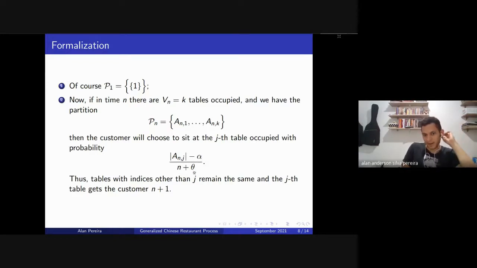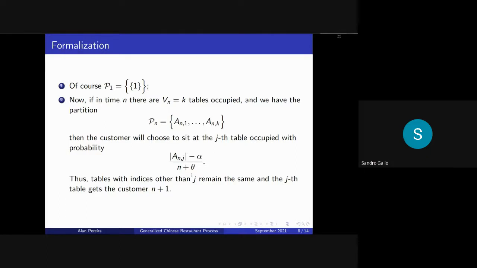If we put a big theta, in the beginning these numbers will be well distributed. But if theta is small, in the beginning the tendency is to go to tables that are big. So it's in this sense. Okay, so you mean in the beginning, diversification. Okay.